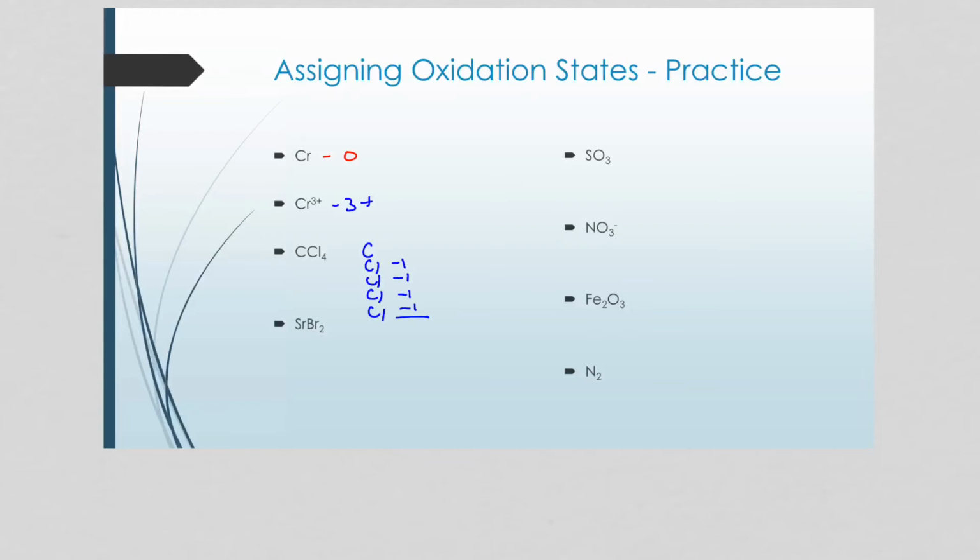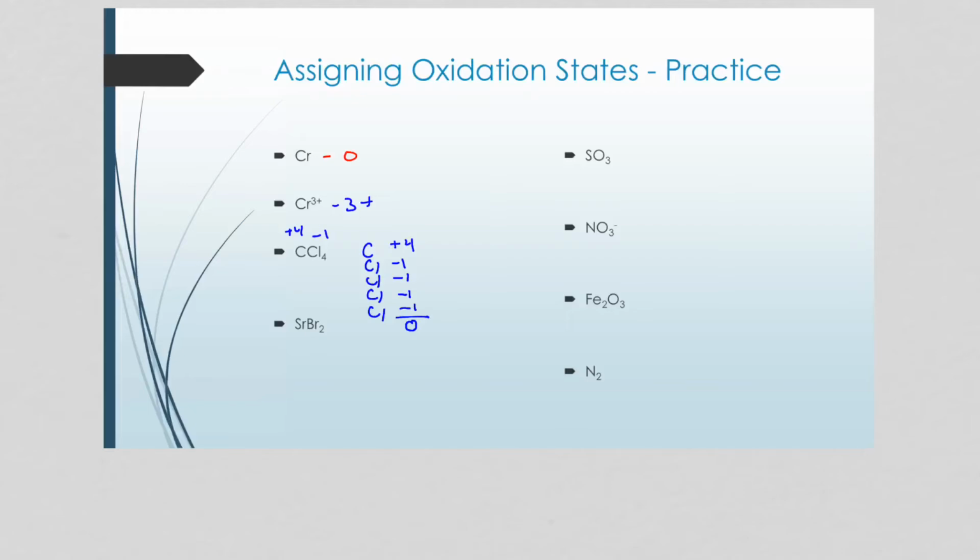And we know that the sum of the oxidation states has to add up to 0 because it's a neutral compound. So carbon, which of course we don't have a rule for, must take on, in this case, a +4 oxidation state to make this add up to 0. So in this compound, the chlorine is -1, the carbon is +4.